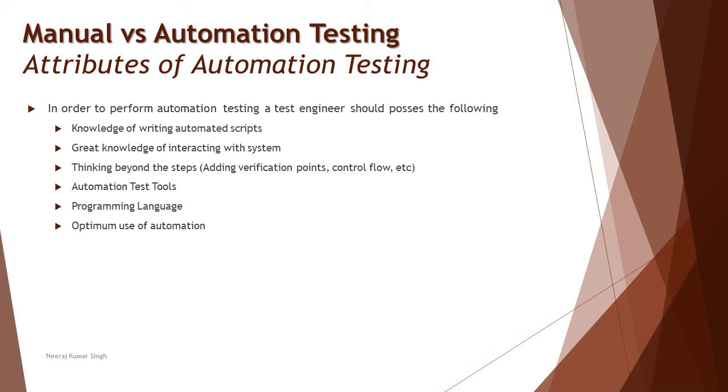Also the tools knowledge, as we discussed, and the programming language. And again, this could be a tedious job to understand, as not all the tools work on the same language. Different tools may have different language expectations, so you may be required to learn multiple programming languages. And most importantly, writing a test script does not really mean that you are an amazing automation tester.